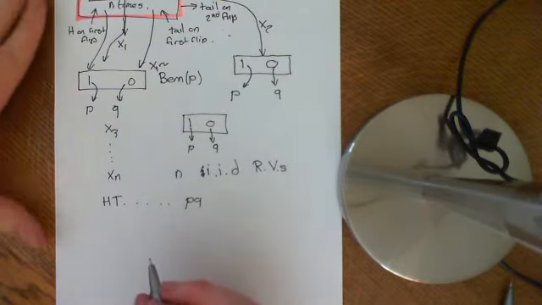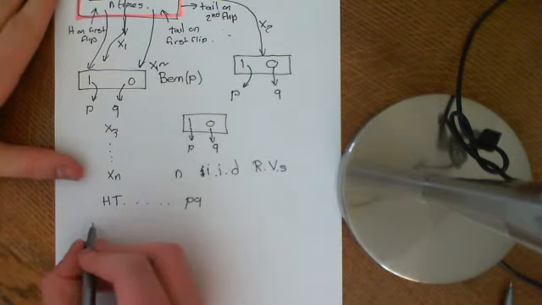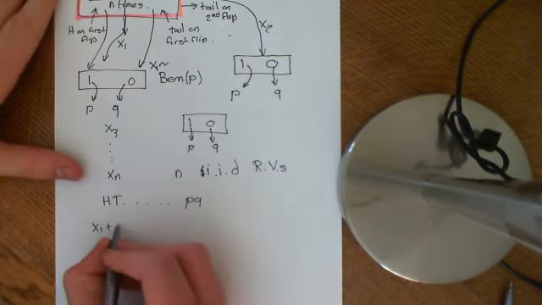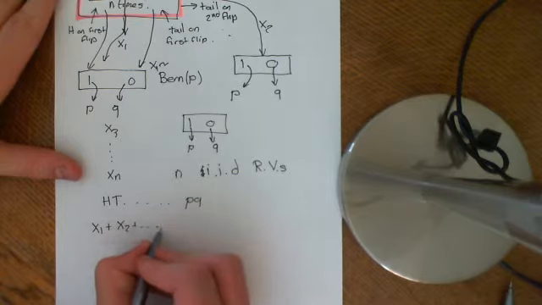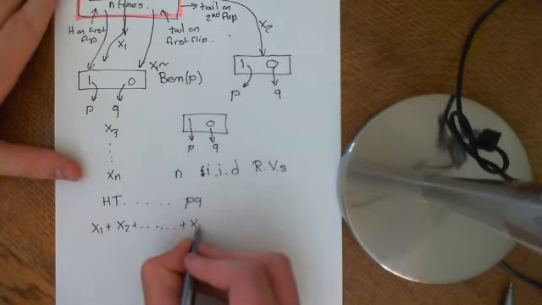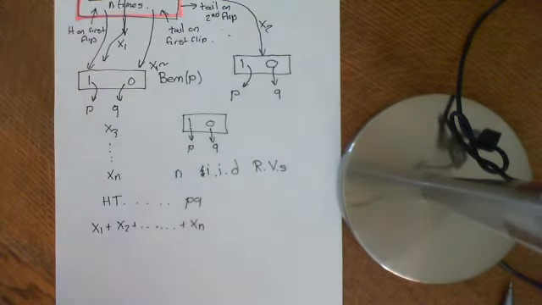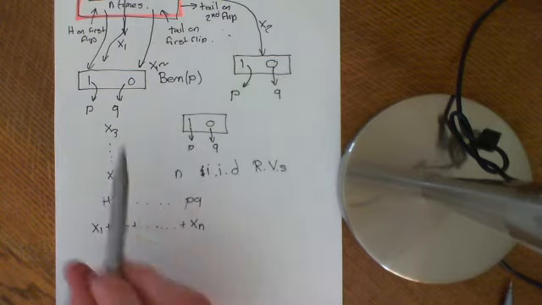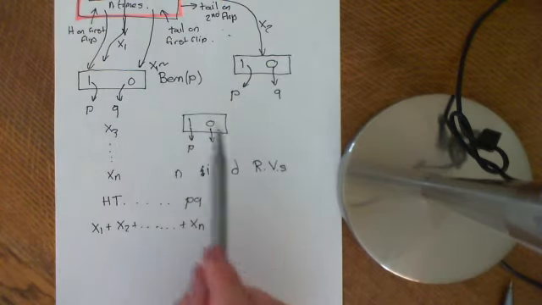So we could define a new random variable, which we could call x, equal to x1 plus x2 plus all the way up to xn. We could add all the values together, and ask, how is this distributed? How is the sum of values 1 or 0 distributed?